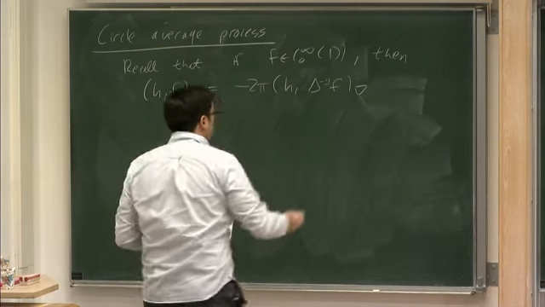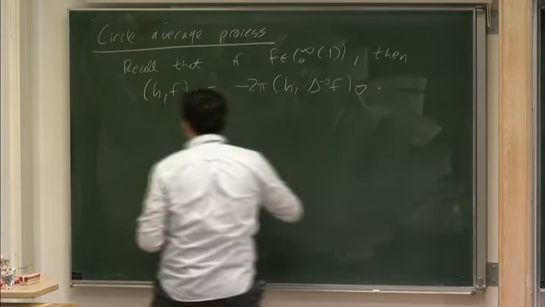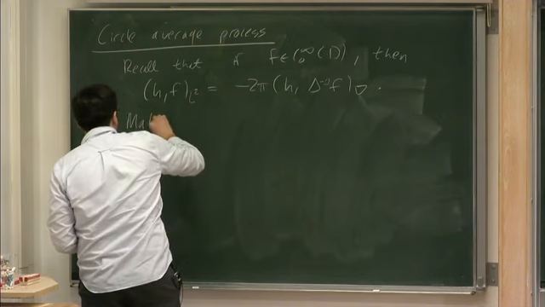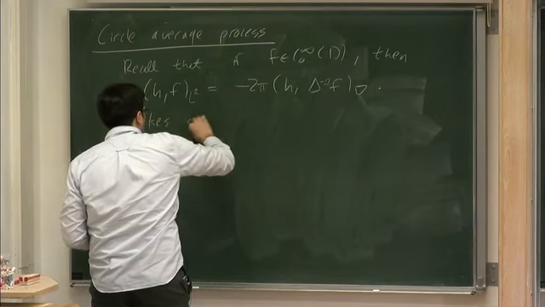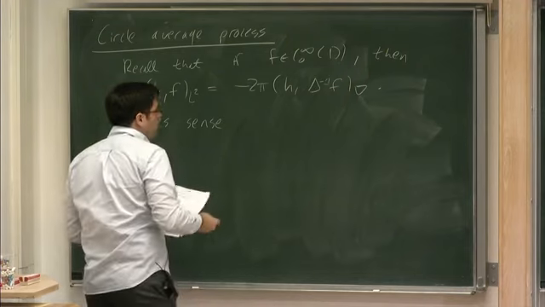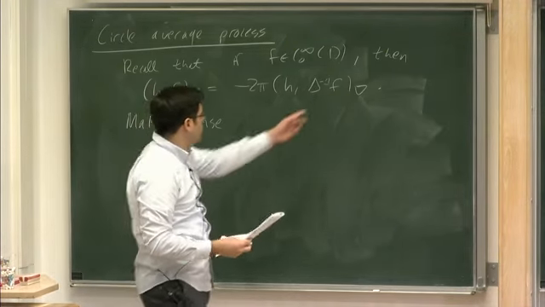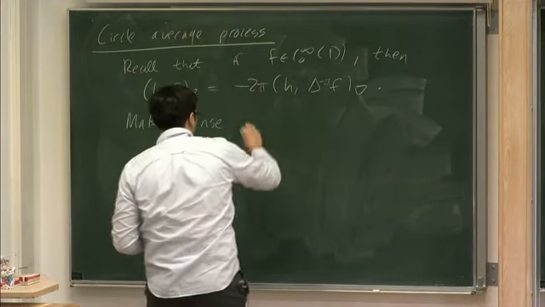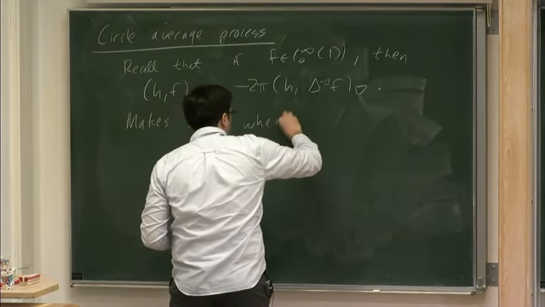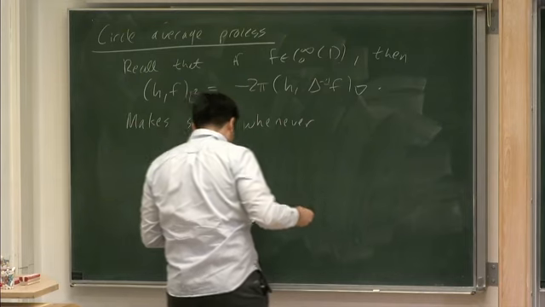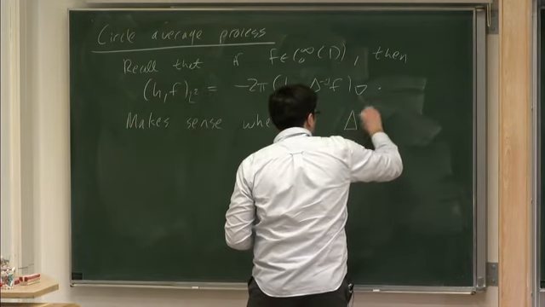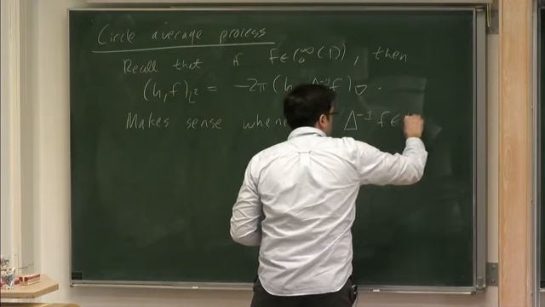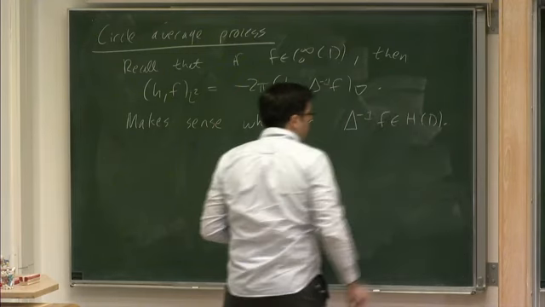Okay. And in order for this to make sense, at least off of a set of measure 0, which depends on f, this makes sense whenever this function f has the property that its inverse Laplacian is in H(D).